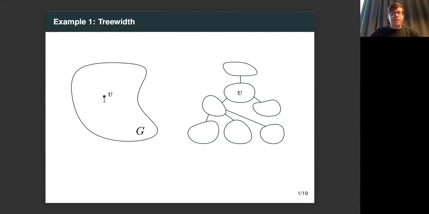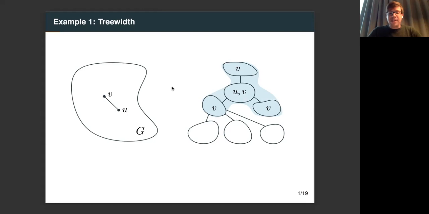First, for every vertex in the graph, there is at least one bag containing that vertex. Second, for every edge uv in the graph, there's at least one bag containing both the endpoints. And the third is that if you look at any vertex and all the bags that contain that vertex, then you have a tree in the decomposition.